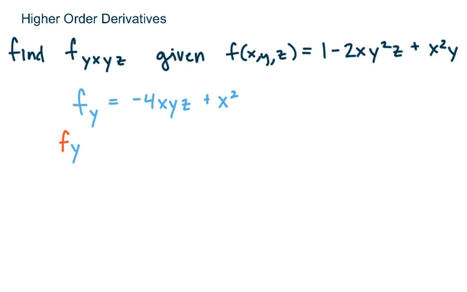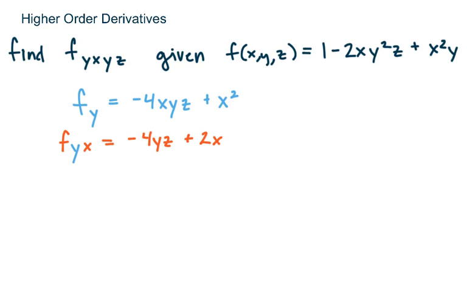So now I'm going to take this function I already differentiated partially with respect to y, and now I'm going to do the partial derivative with respect to x. So that means x is a variable, y and z are constants, they're coefficients with that negative 4, and I have negative 4yz. Differentiating x squared partially with respect to x is going to give me 2x.